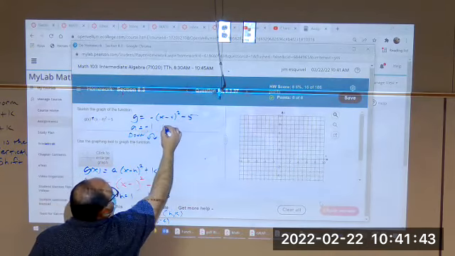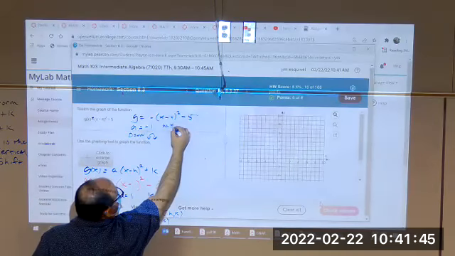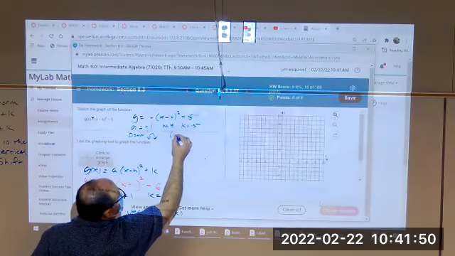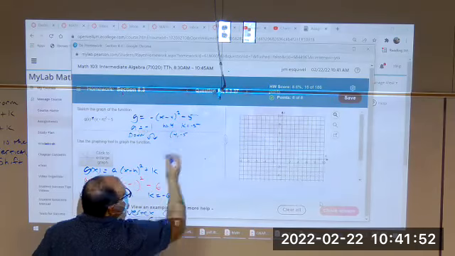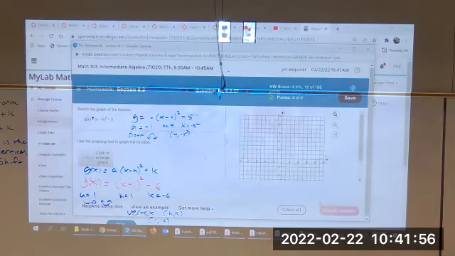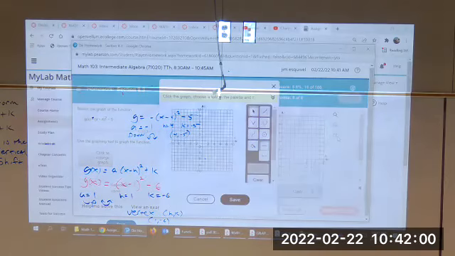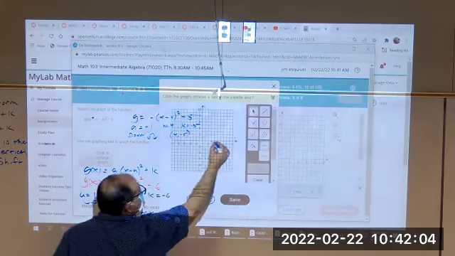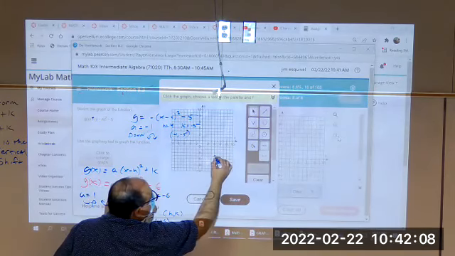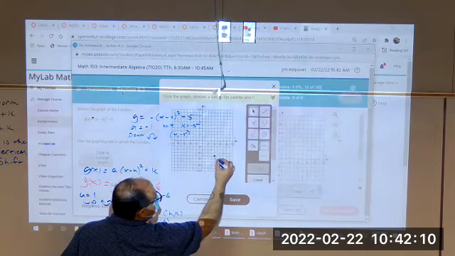Inside, h is positive 4, k is a negative 5, vertex is at 4, negative 5. So 4 to the right, down 5, and then I'm going to put my parabola down.